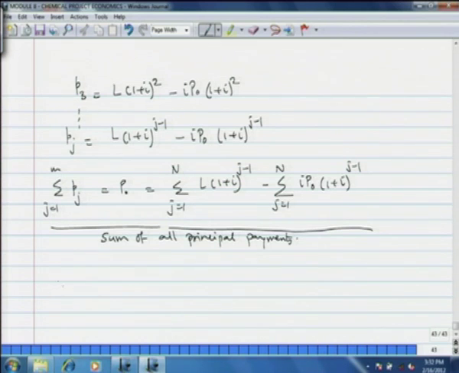Now, over the entire payment term, I is constant, L is constant and P0 is constant. Therefore, we can take L, I and P0 out of the summation sign.